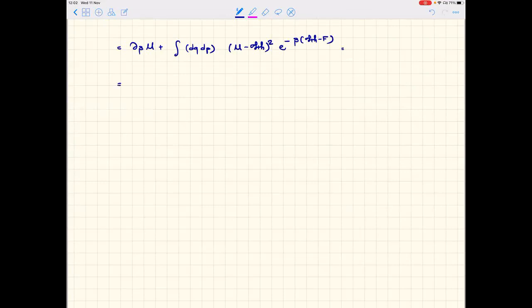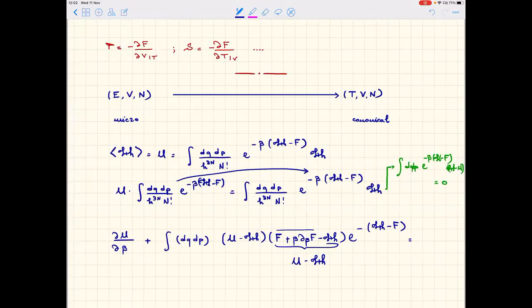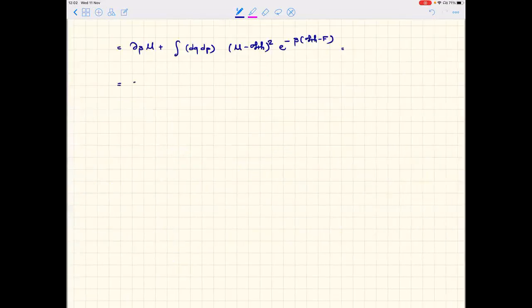Can you return just for 1 second to here? Yeah. Nice. Okay. So this is d beta u plus average of (u minus h) squared equal to 0.